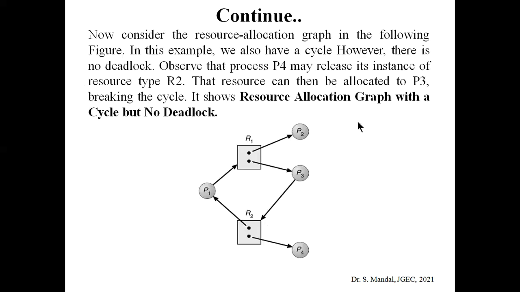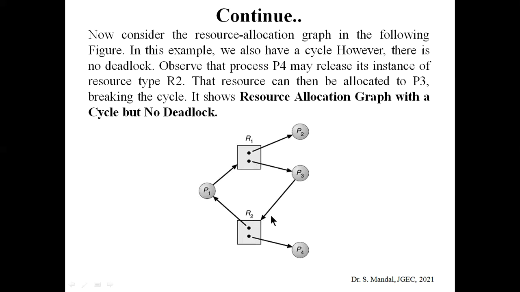Now consider the second case. For this resource allocation graph, you can see P1, P2, P3, and P4. There are four processes, but there are two resources, and each of the resources has two instances. So there is a cycle. What is the cycle? The cycle is between R2, P1, R1, P3, R2.